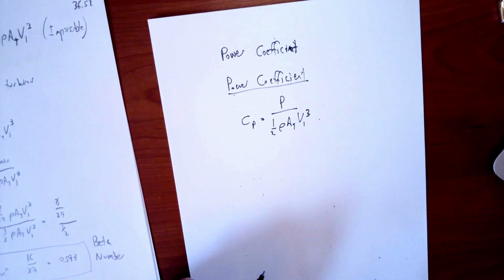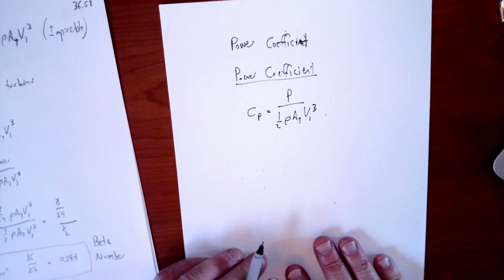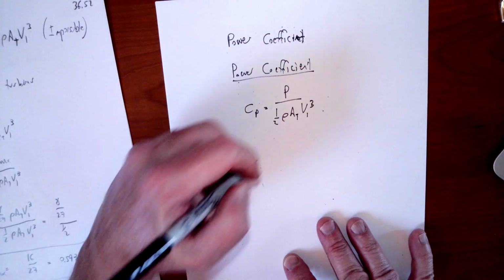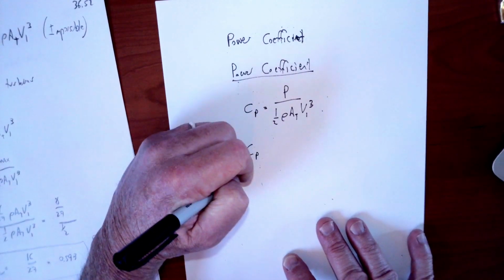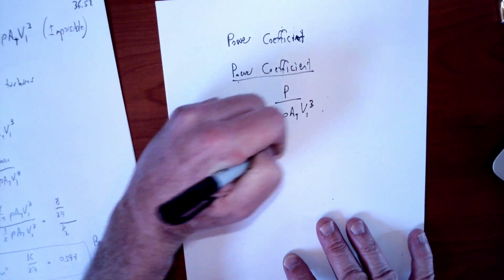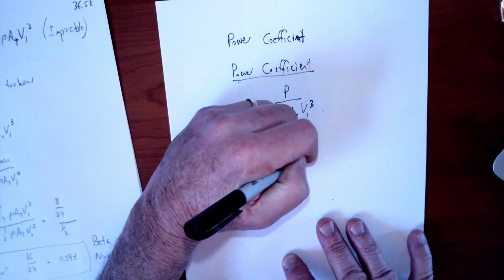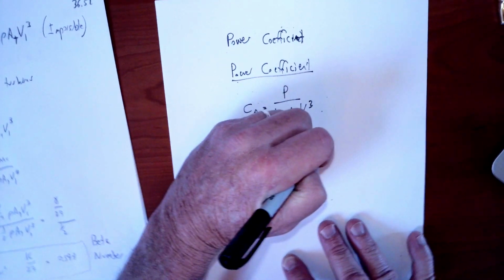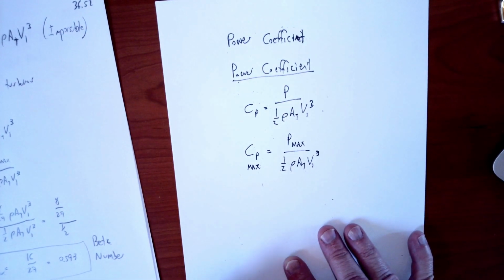So 1/2 rho AT V1 cubed is what we know is available in the stream. We know it's certainly not possible to get all of it. But we do know what the maximum power coefficient is for a turbine, because we just calculated P max, and we can compare that to 1/2 rho AT V1 cubed and see how we did.